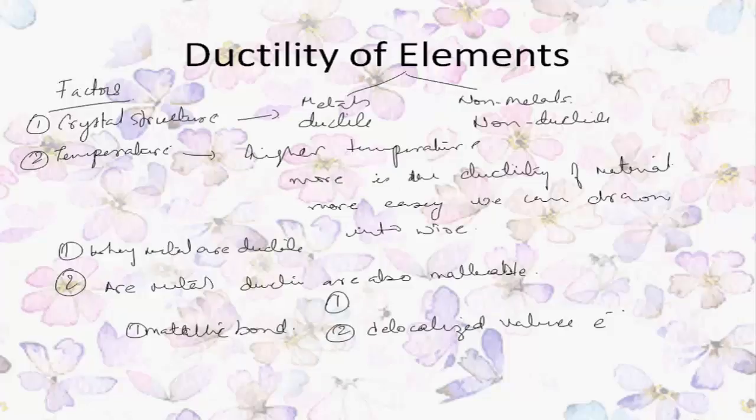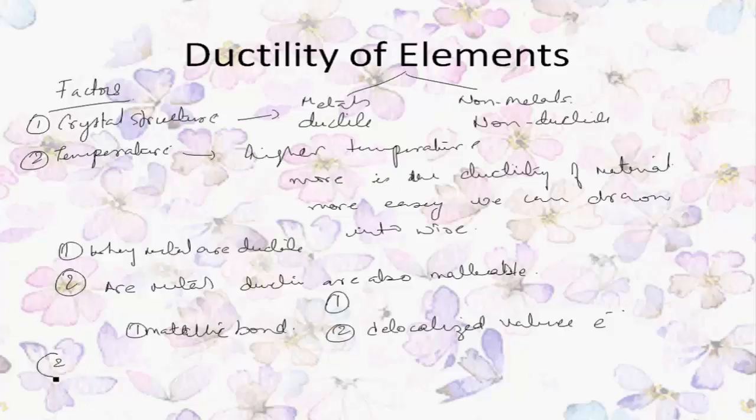Because the intermolecular forces are very less, when we apply the tensile forces they can easily move away from each other, as there are no similar charges and ions facing each other for the repulsion forces.